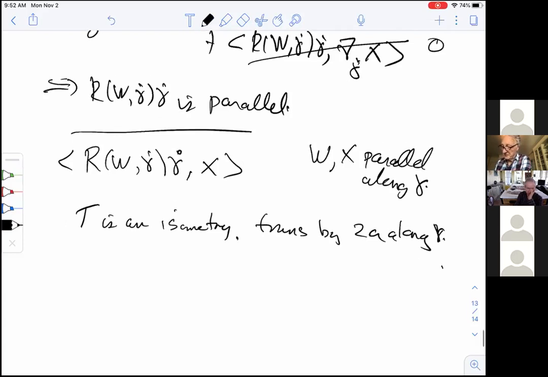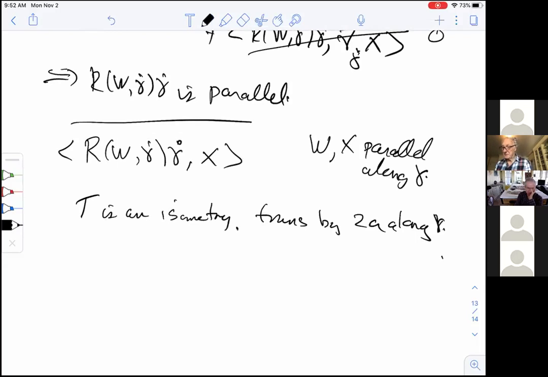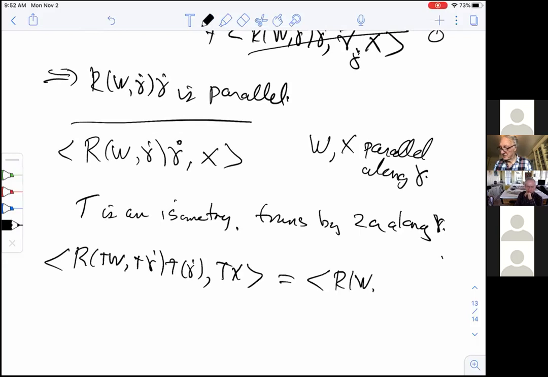You get a translation by 2a along gamma. But T is an isometry, so R of TW, T gamma dot, T gamma dot, TX is equal to R of W, gamma dot, gamma dot, X, because T is an isometry.